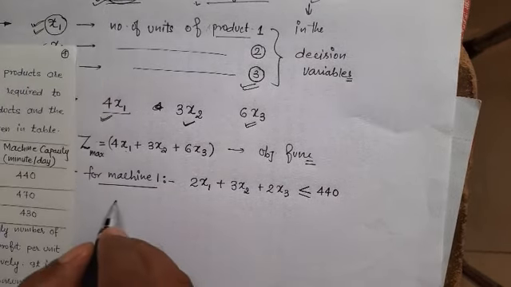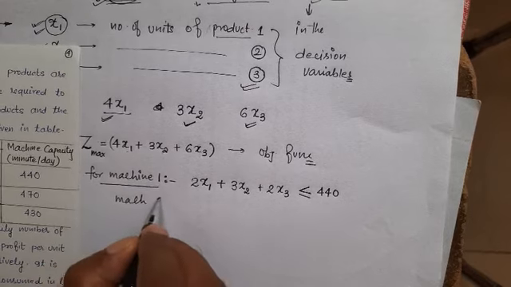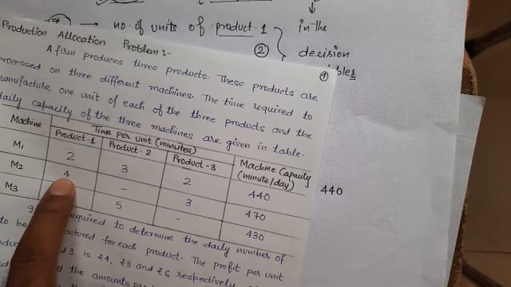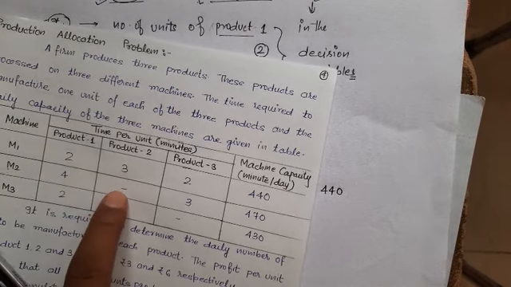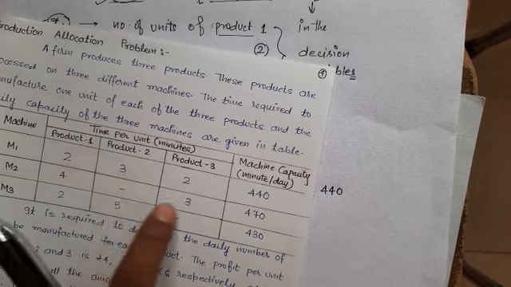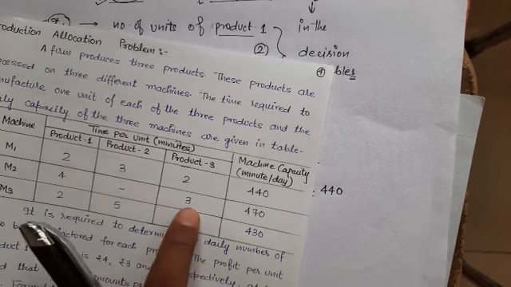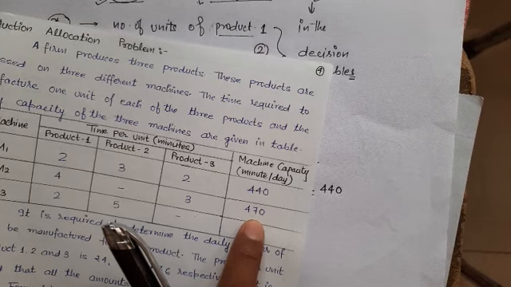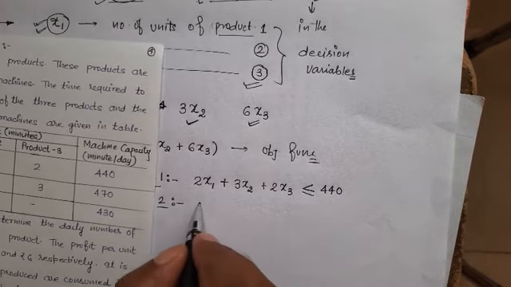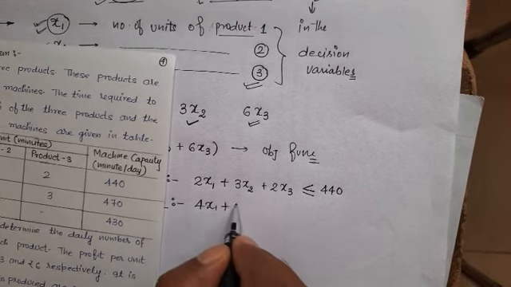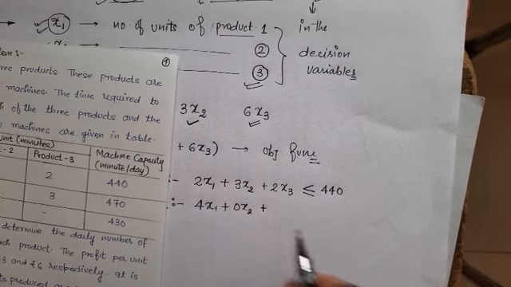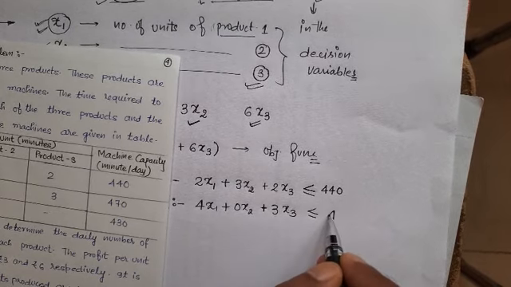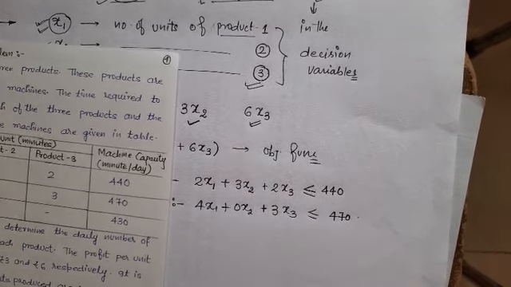Similarly I can write for machine 2. What is the constraint? 4x1, 0x2, and 3x3, since product 2 is not processed on machine 2, and it is less than or equal to 470 minutes.